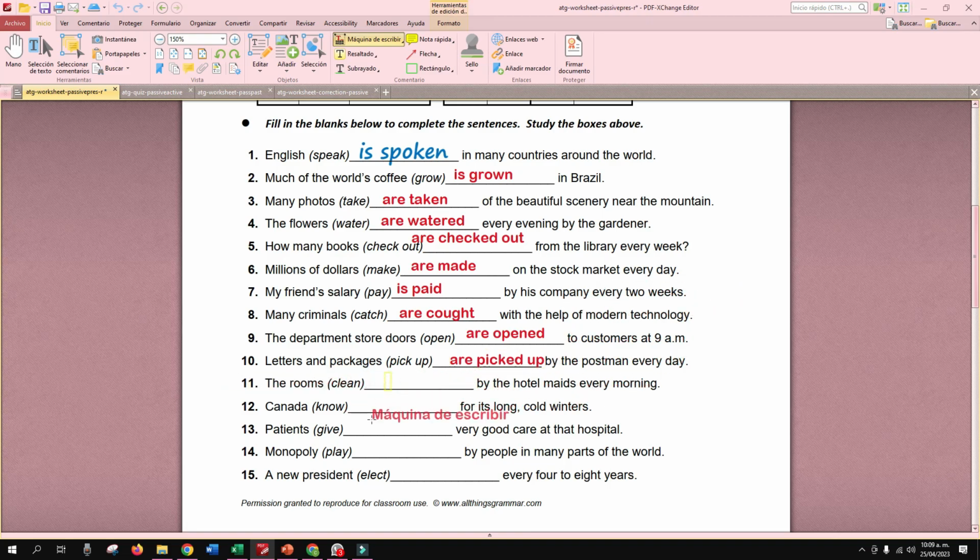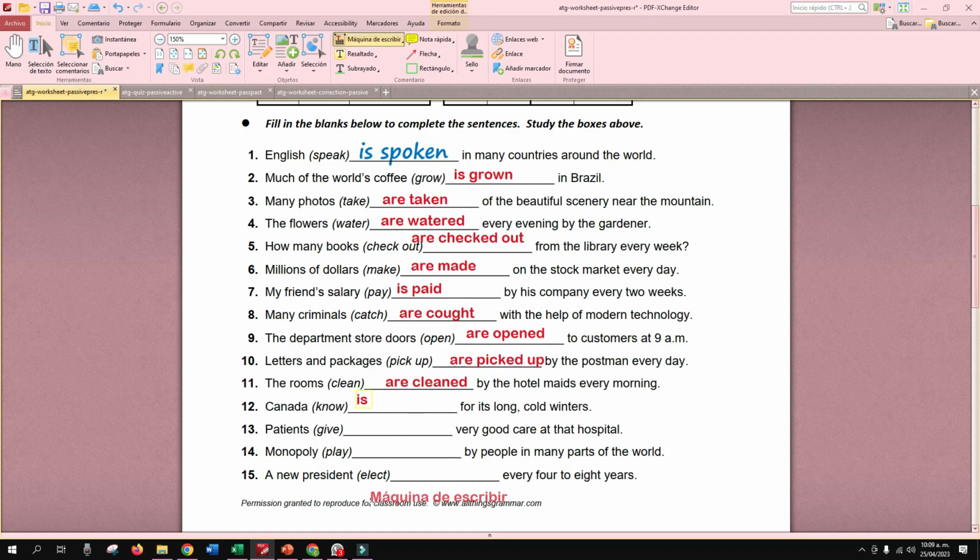The rooms cleaned by the hotel maids every morning. Are cleaned, right? So there you have: cleaned by the hotel maids every morning. Excellent. Canada for its long cold winters. You have Canada there.